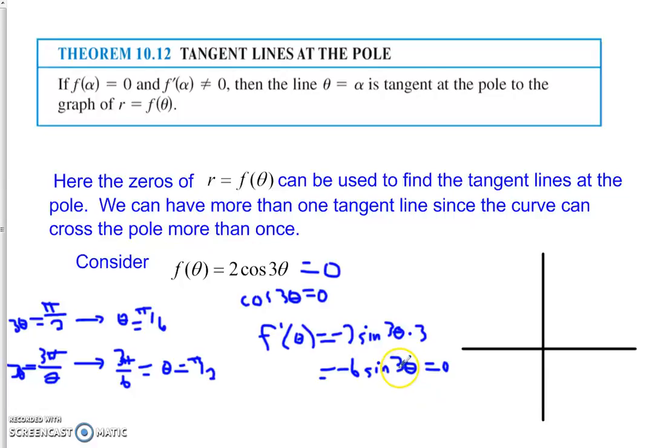Well, sine function equals 0 at places like 0, at pi. So let's just take a look at a couple of them and we could be more exhaustive. So if 3 theta is 0, that means theta is also 0. 3 theta equals pi would mean that theta is equal to pi over 3. That's not one of our answers, so we'd continue going in this vein to see how many solutions we'd wind up having. So go ahead and keep trying that.